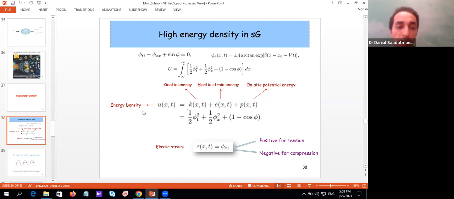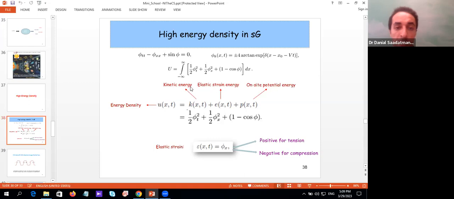In fact, for energy density, we have two forms, kinetic energy and potential energy. But for the potential energy, we split it into two different terms. I call them elastic strain energy and on-site potential energy. And we want to know, if a number of kinks and anti-kinks collide together, what is the maximal value of each term?